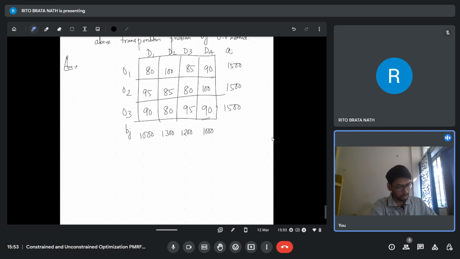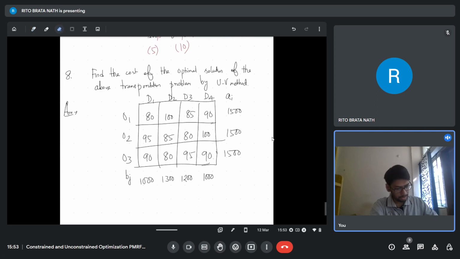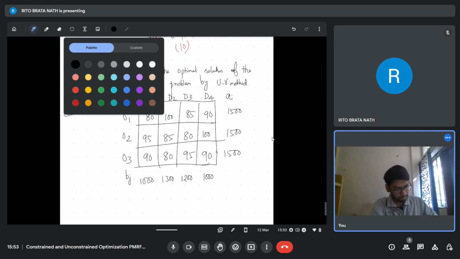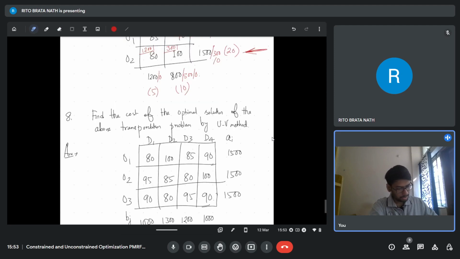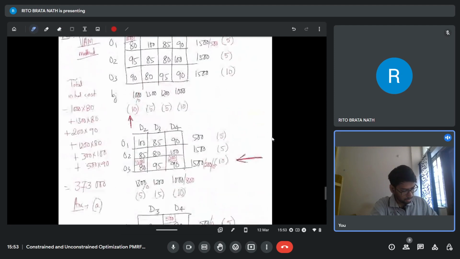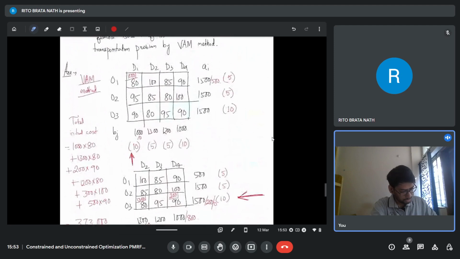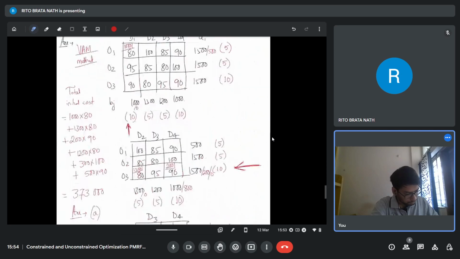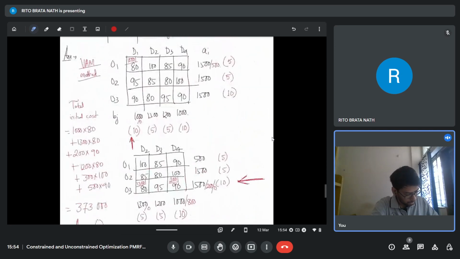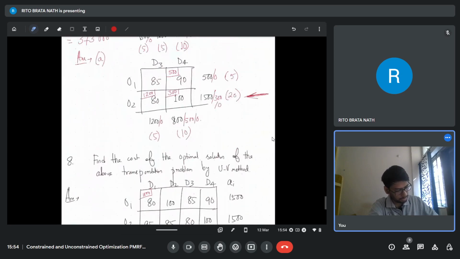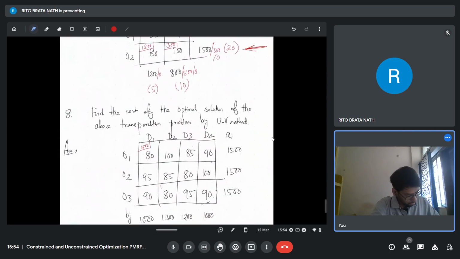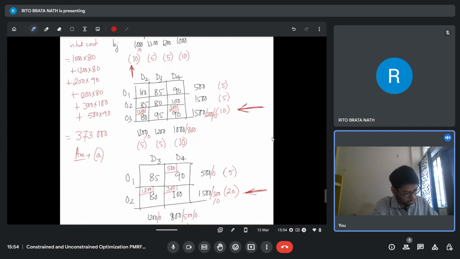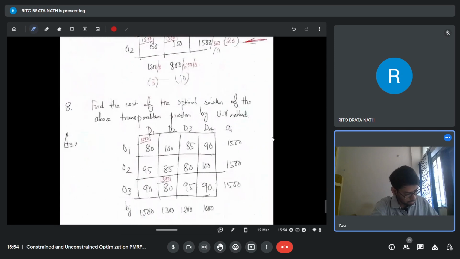Now let me also write down the final allocations that you have got. The allocations are 1000 here. Next is at O3 D2 is 1300. Then it's 200 at O3 D4.